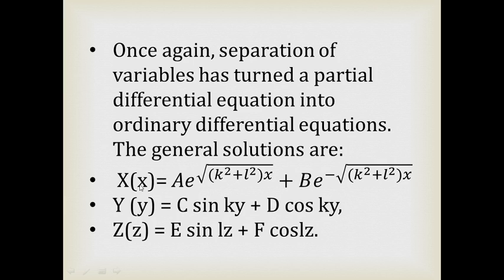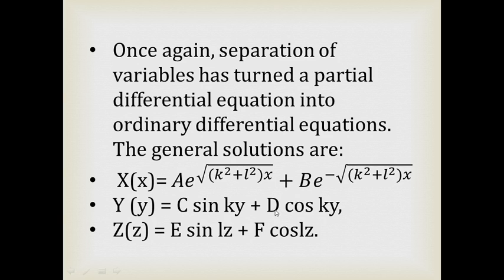Capital X as a function of small x is equal to capital A e raised to the square root of k square plus L square times x. Remember this x is outside the square root. Plus B e raised to minus the square root of k square plus L square times x. Y as a function of y is C sin ky plus D cos ky.